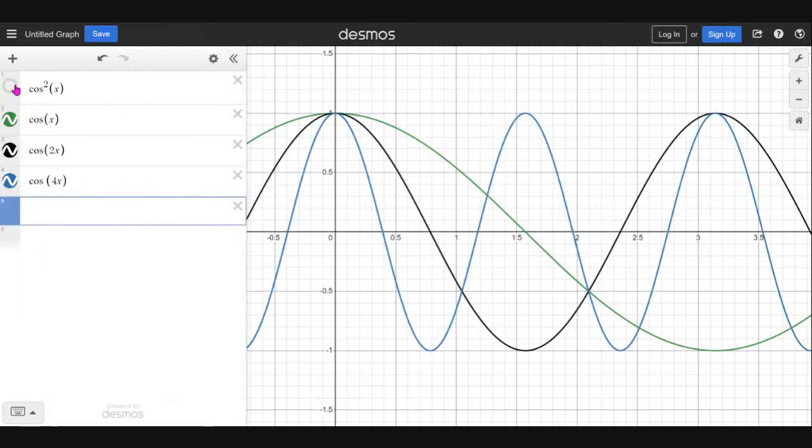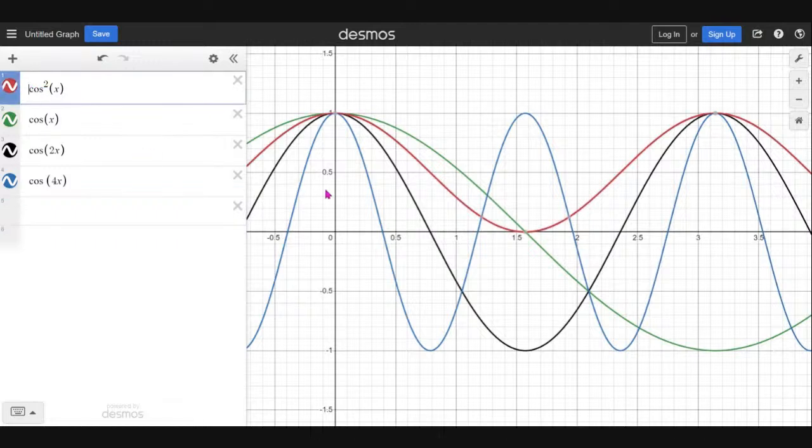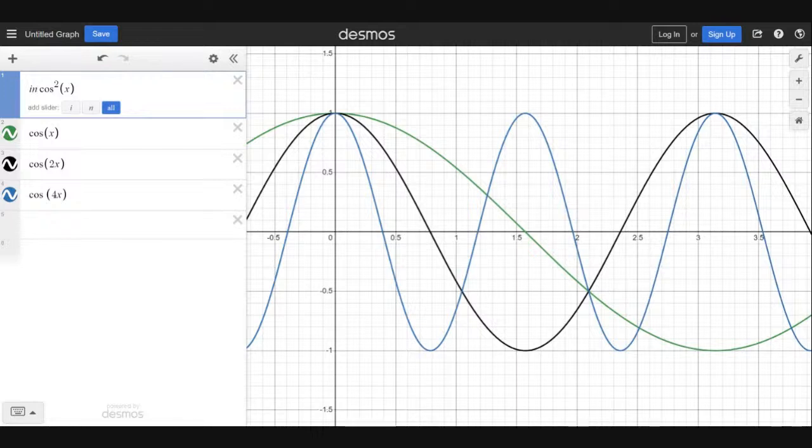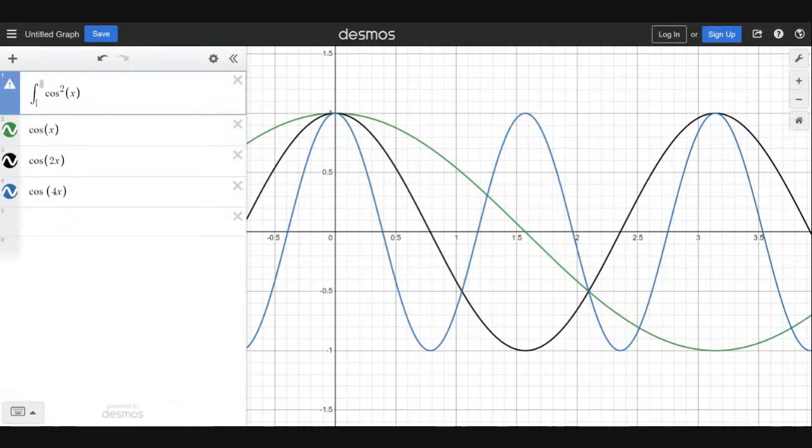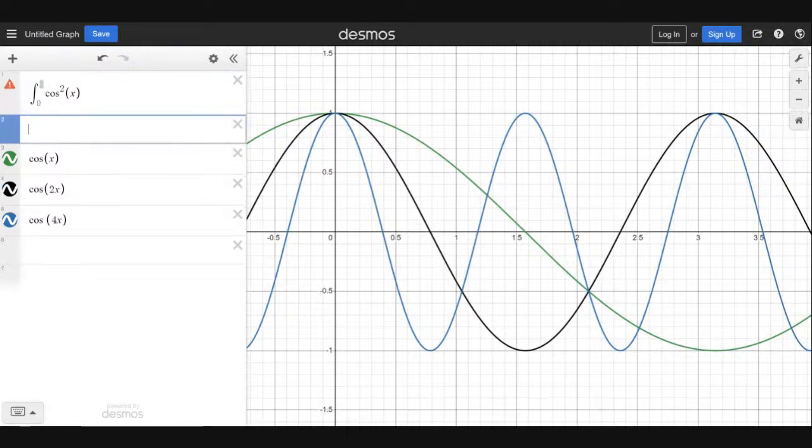I don't know why the red one is not appearing. Okay, it's this one. You need the integral. How do you do integral? Oh, there it is. You just say integral from 0 to pi over 2.